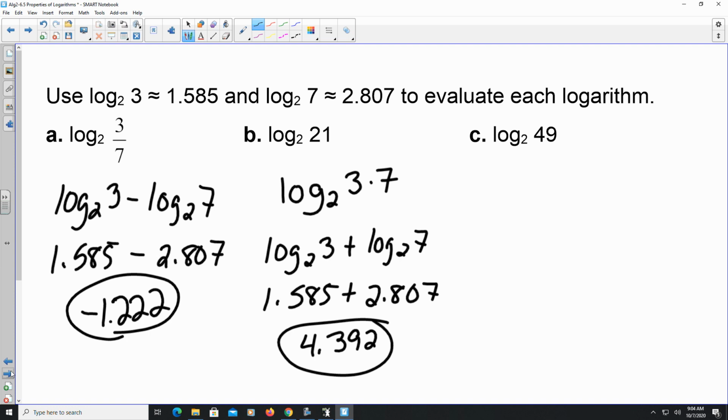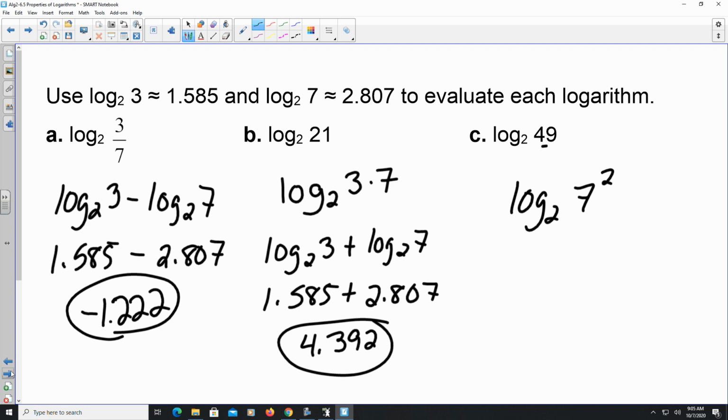I look at my final example, and it is log base 2 of 49. 49 is not going to help us; I need something with 7. Another way of writing 49 is 7 squared.